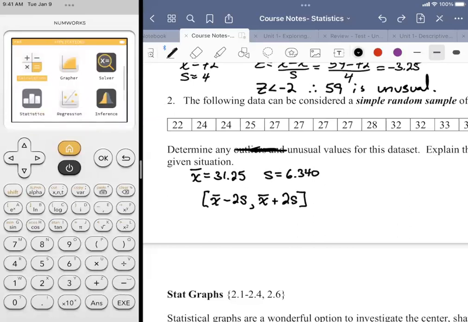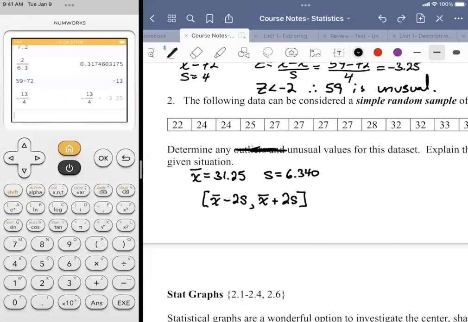So we go to calculation, home calculation, and then we're just going to do the 31.25 minus 2 times 6.340. You can just put 34 if you want. So we get the low end, and then we do the high end. So again, a highlight and an overwrite.